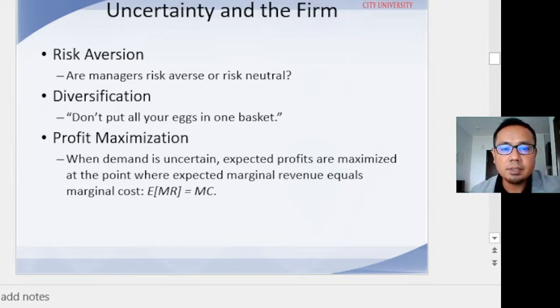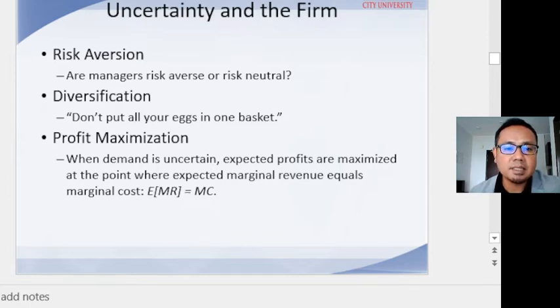The risk neutral manager must determine what output to produce before she is certain of the demand for the product. Because demand is uncertain, revenues are uncertain.